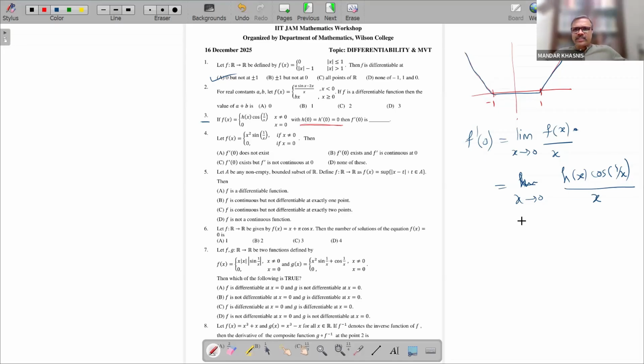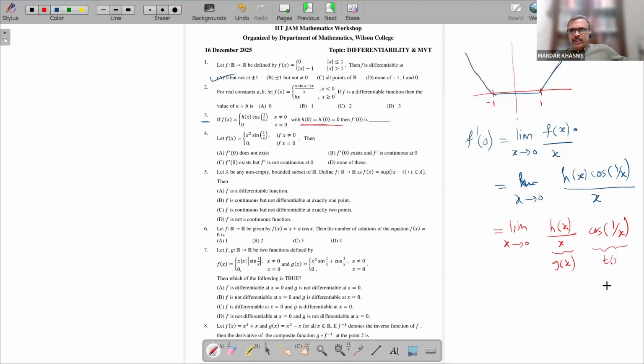So if I want to prove it, it's easy. This can be written as limit x goes to 0 of hx upon x into cos 1 by x, because such an idea is used in different places. Now I call hx upon x some function, say gx, and cos 1 by x some other function, say tx.